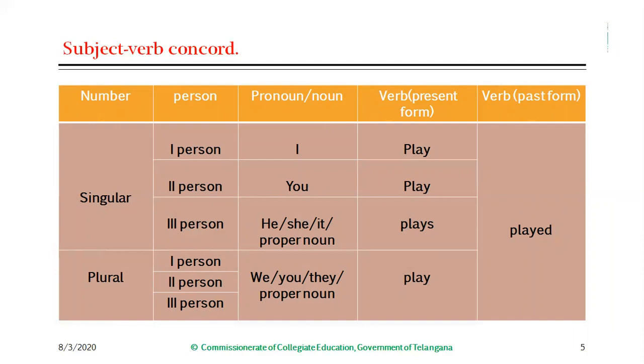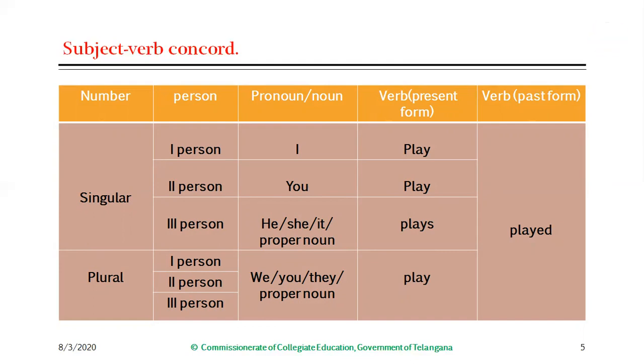If you take the second person, you play cricket. You like music. You read books. And in the same way, in case of the past tense, you played cricket. You read books, you invited your friends, like that.